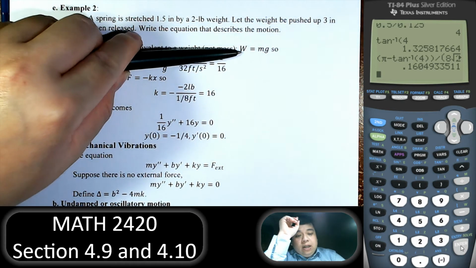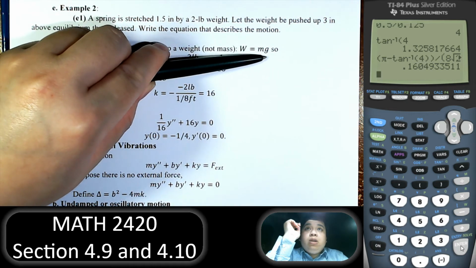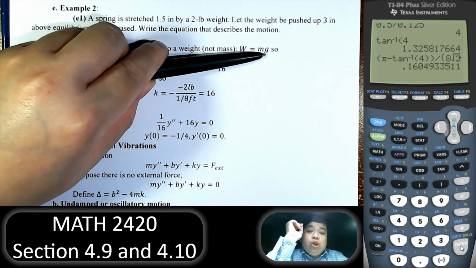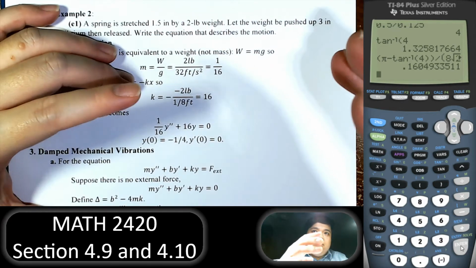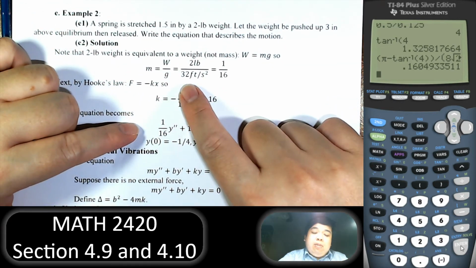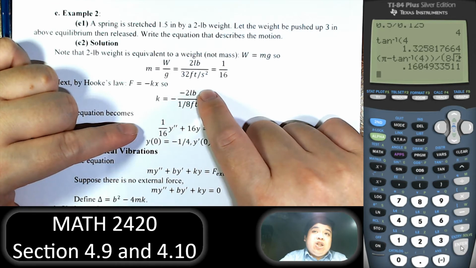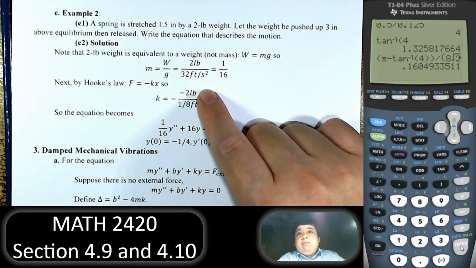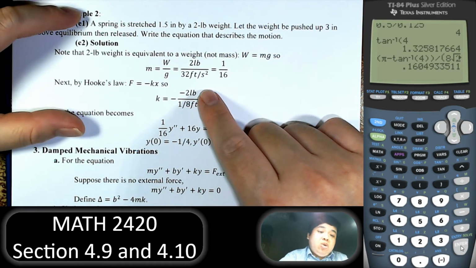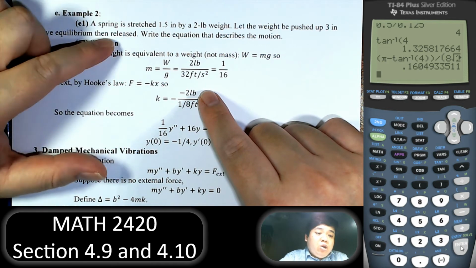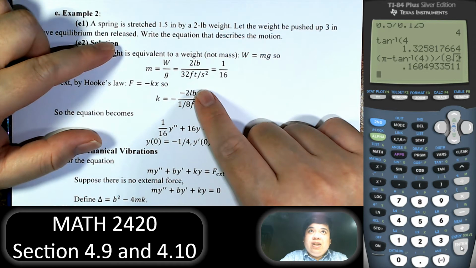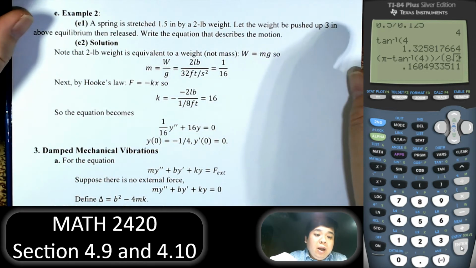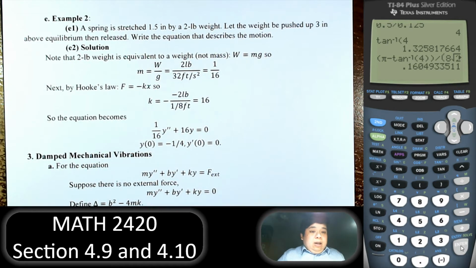So the weight is equal to the mass times the acceleration due to gravity. Let's assume that it is on the surface of the Earth. It is about 32 feet per second squared, or negative 9.8 meters per second squared. But because we use the English unit, we use 32 feet per second squared. Of course, like I said, assume that it is at sea level.